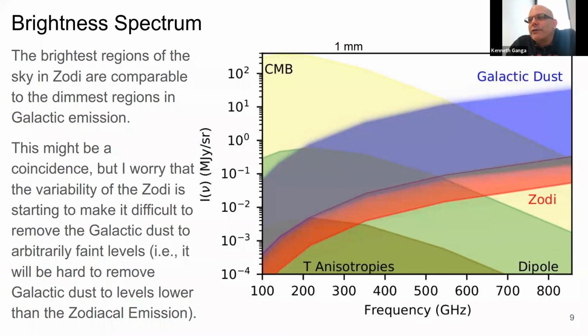So if you're talking about straight up leakage, you're going to see it from the galaxy far before you see it from Zodi. The thing about Zodi is there are going to be some things that appear to be variable. The galaxy mostly isn't going to appear to be variable, but the Zodi might. So at the lowest limits, you might see some weird things. Okay. After you've removed all the galaxy.